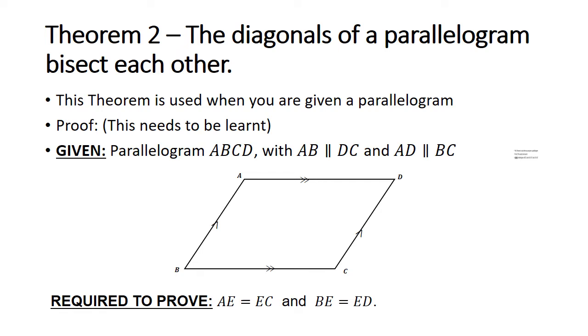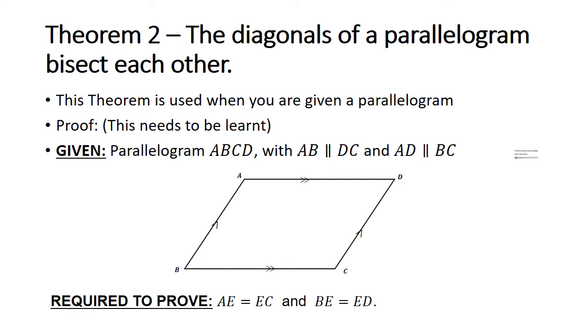So you might need to memorize it, and actually they would say to state Theorem 2. And you would have to be able to write it down and prove it. So if you have a look there, it says given parallelogram ABCD. So there they've told you it's a parallelogram with AB parallel to DC.